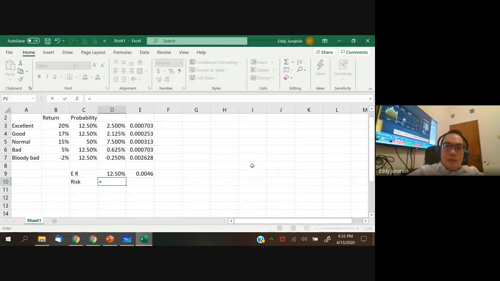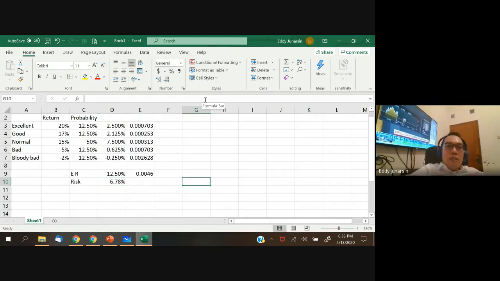So again, we find the square root of this, and we get 6.78%. So this investment has an expected return of 12.5% and a risk of 6.78%.